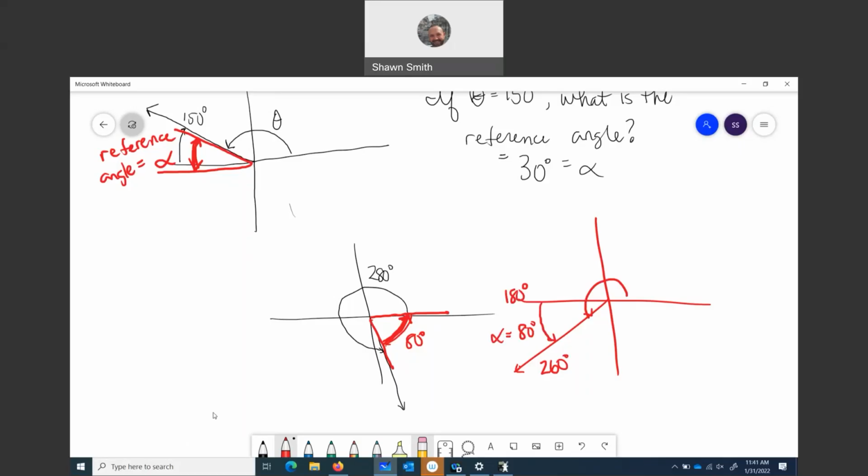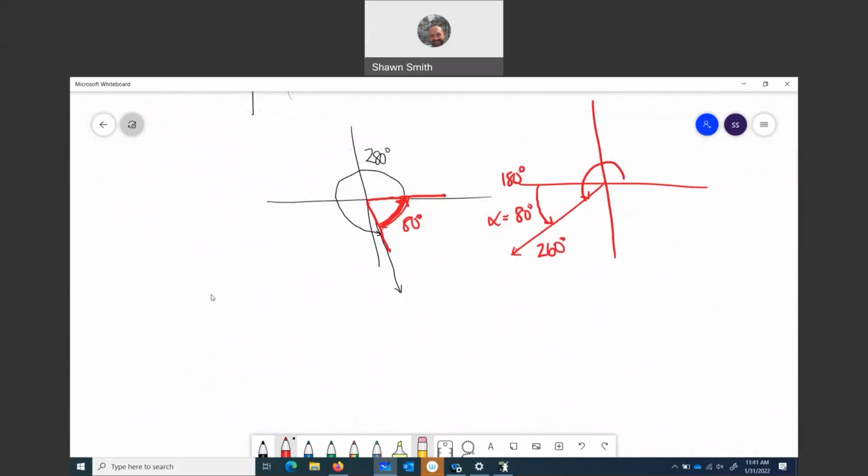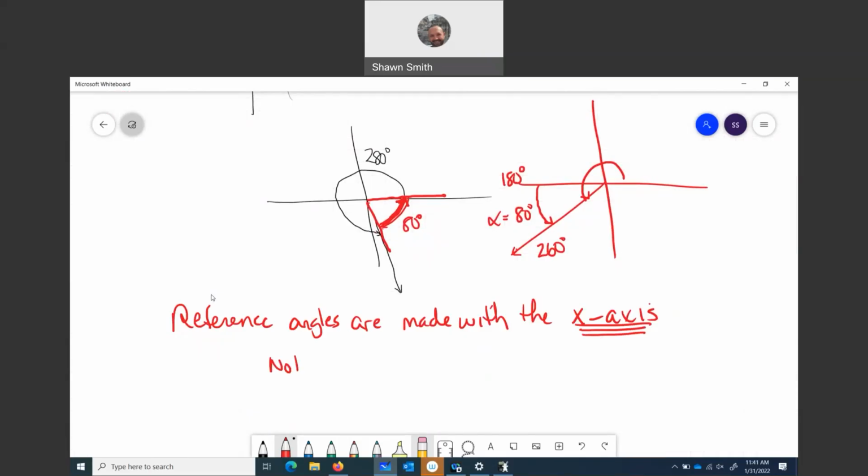So just make sure the reference angle is always made with the x-axis, never the y-axis, right? And it's always represented as a positive number.